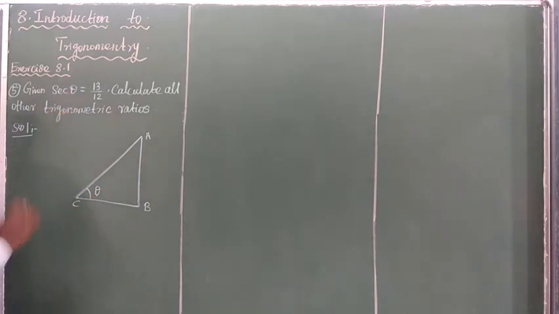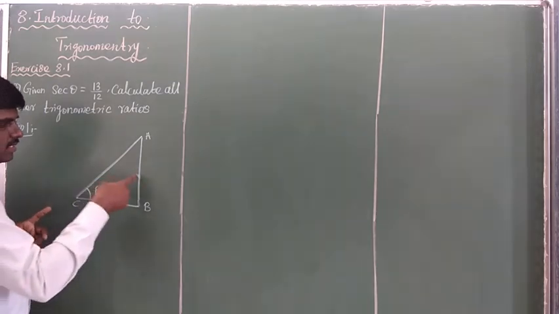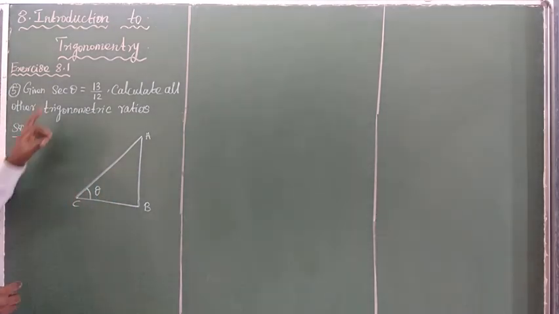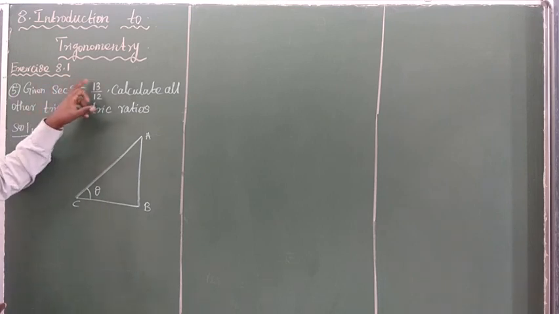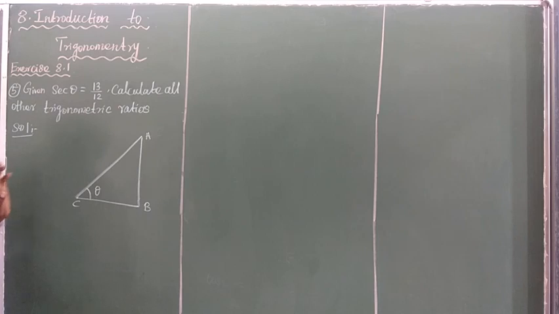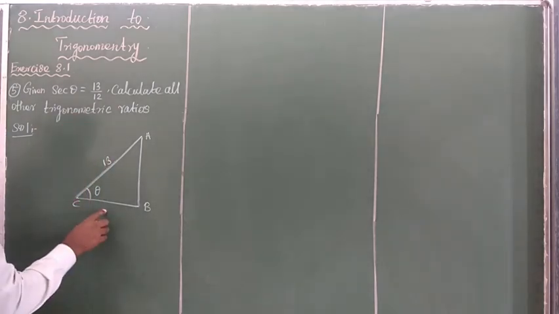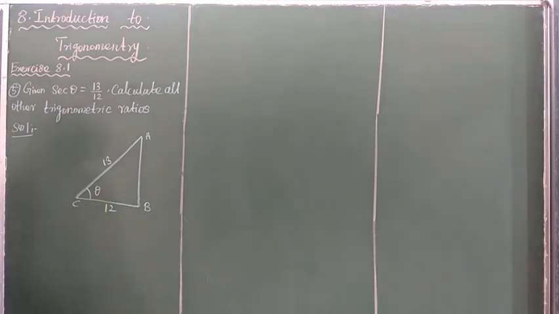Secant theta, what's the formula? With theta, this side is the opposite side, here the adjacent side, here the hypotenuse side. So secant theta is equal to hypotenuse side by adjacent side. That's the formula. Now hypotenuse side is 13 by adjacent side 12.